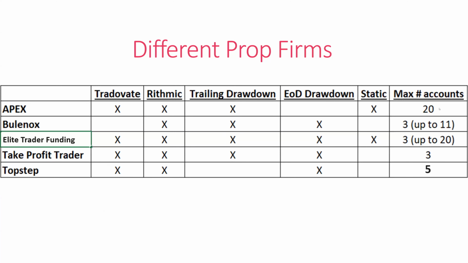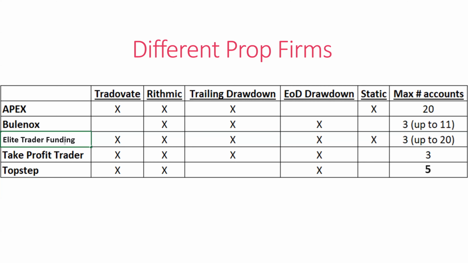And you also have up to 20 accounts. In terms of Blue Knox, it only offers Rhythmic accounts, but they do offer end of day and also trailing drawdown. But you can also have up to 11 accounts and only three funded at a time. So when it comes to Blue Knox, once you hit the drawdown threshold on 3 funded accounts, then you can request more.